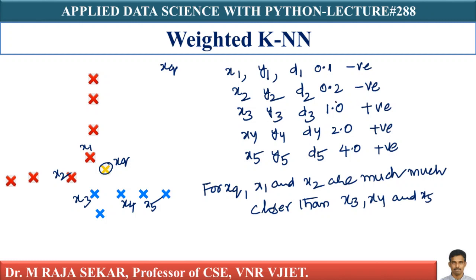Compare these distances, 1.0, 2.0, 4.0. These distances are a bit bigger than the others, isn't it? So I can say for xq, x1 and x2 are much closer than x3, x4 and x5. These are the distances, 0.1, 0.2. The distances 1.0, 2.0, 4.0 are much larger than the first two distances, 0.1 and 0.2.